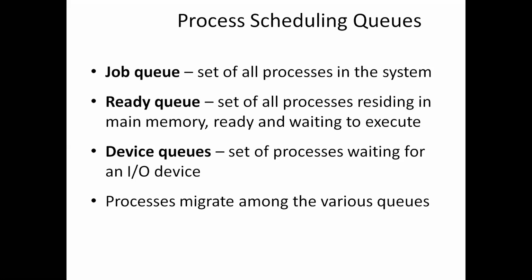Next is the ready queue. The processes that are placed in the main memory and are ready and waiting to execute are placed in a list called the ready queue. Such processes will be loaded to the main memory from the job queue.